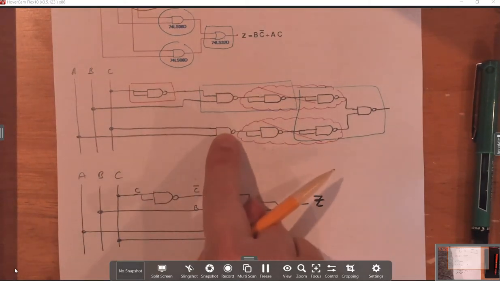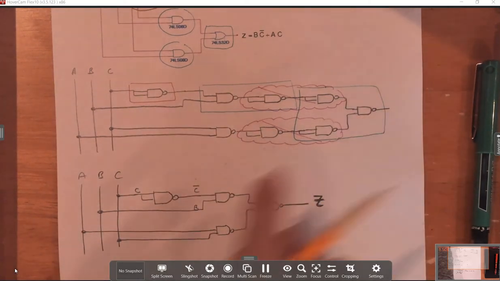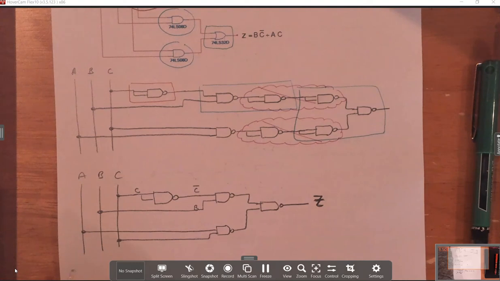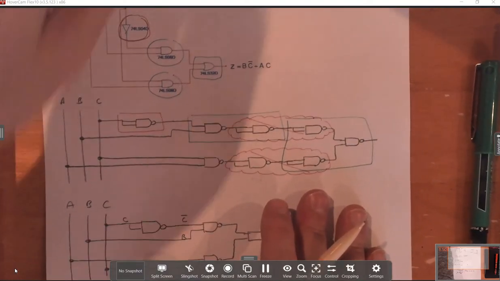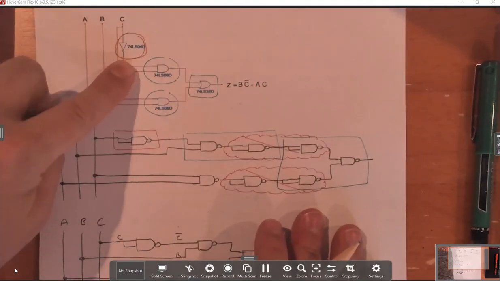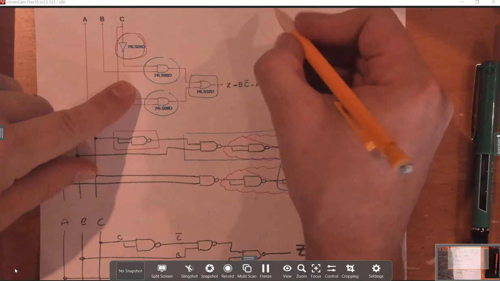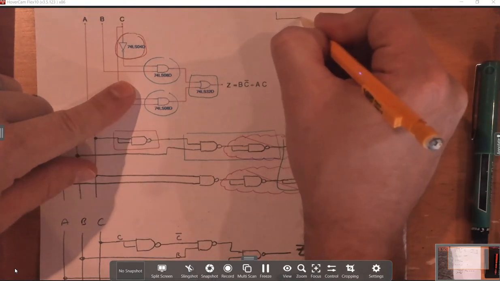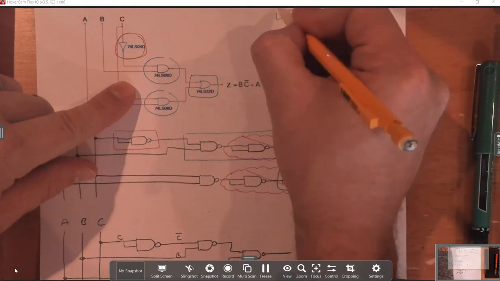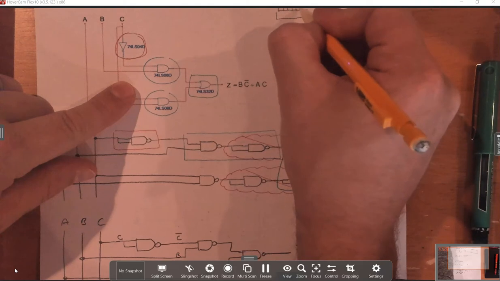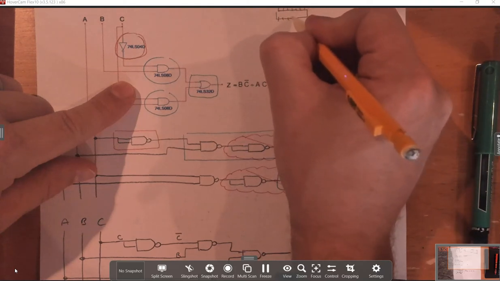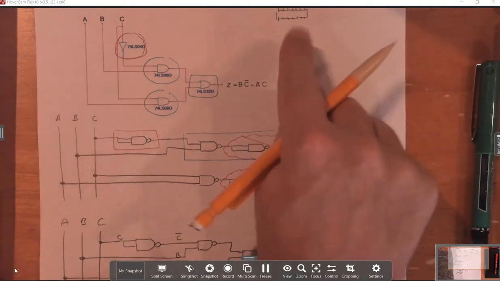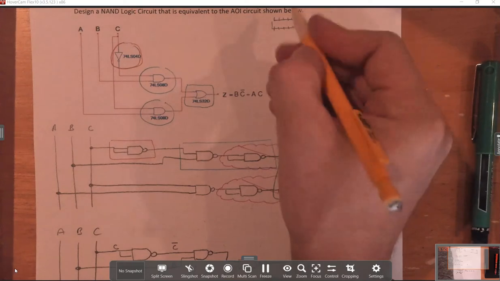So we've got 4 gates. Alright, let's think about this top problem. Think about these ICs that we pick up.